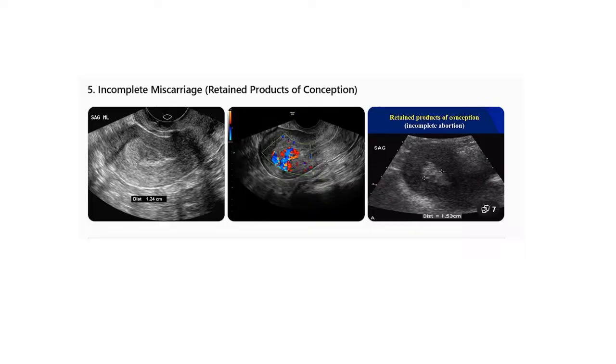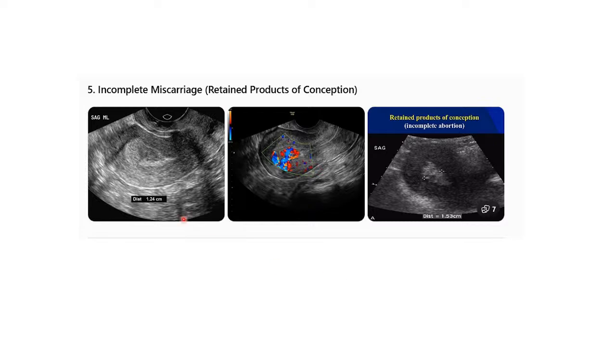Now, incomplete miscarriage. There are periods in the first trimester when someone comes, they were pregnant, they started bleeding, then they come for the scan. You can see retained products.